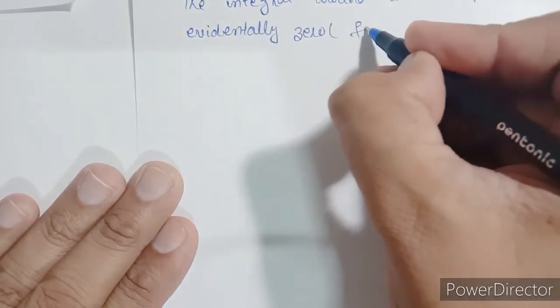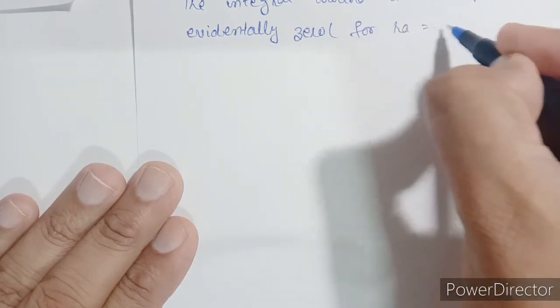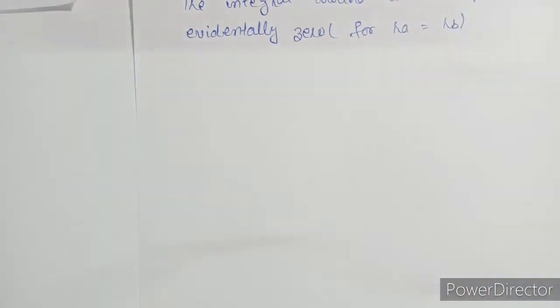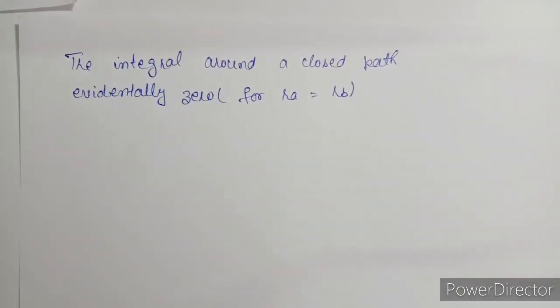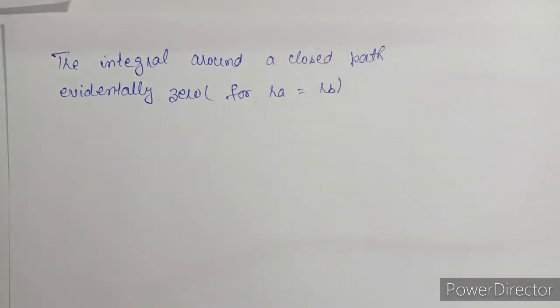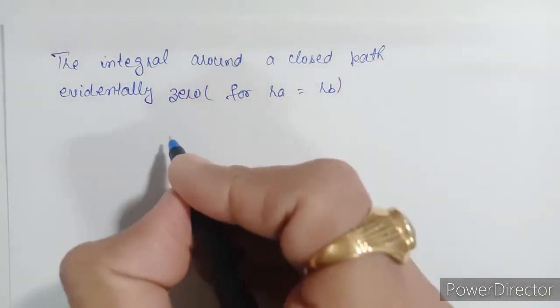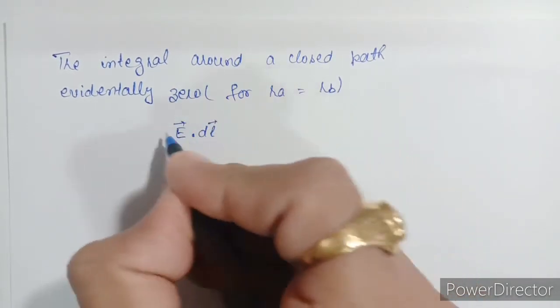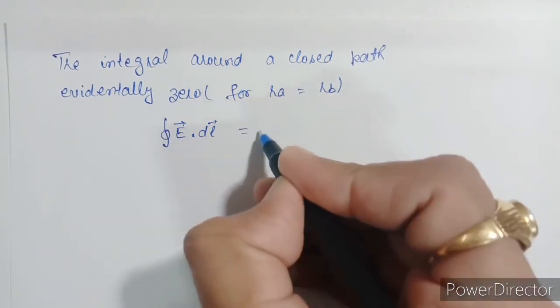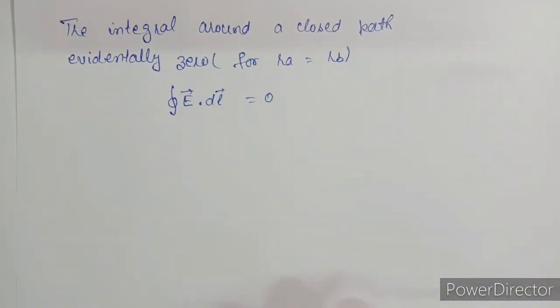It is 0 for RA equal to RB, that is, the line integral around a closed path is 0 when RA equals RB, that is, the closed loop integral of E dot dl is equal to 0.